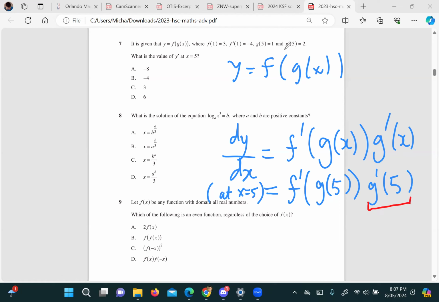They give that to us. So what do you get? They also gave us g of 5, so we have f prime of 1 times 2.